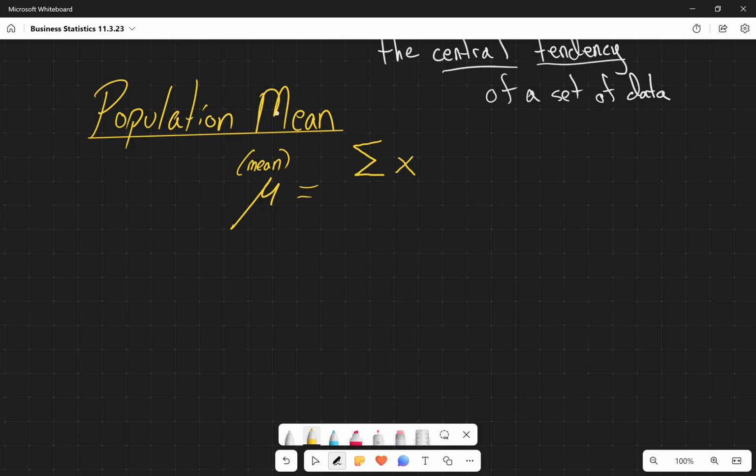So this large uppercase sigma here is telling me the sum of, and then it's kind of opening a parentheses, so to speak. So the sum of all of the data that I have divided by the total number of data, the number of observations. And these are the actual observation values.